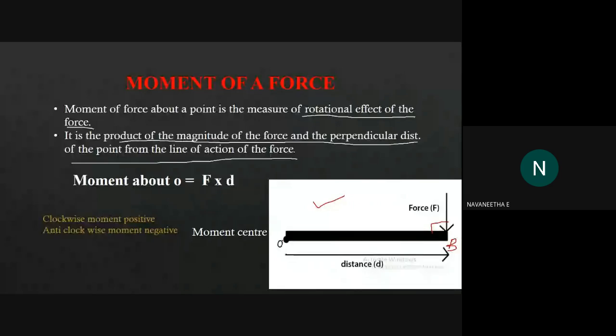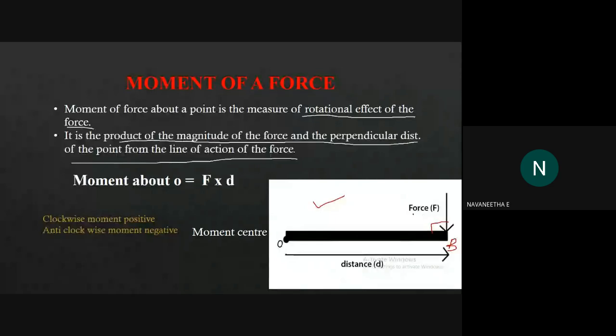Then we have to find out the moment about that hinged point. So the moment about O equals, what's the definition? How can we find it out? Product of the magnitude of the force. So we need to multiply two things. What is the magnitude of the force?